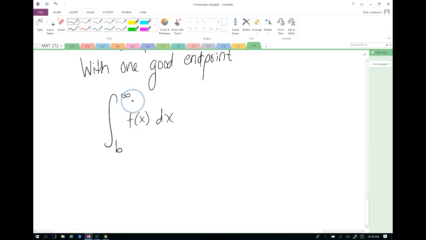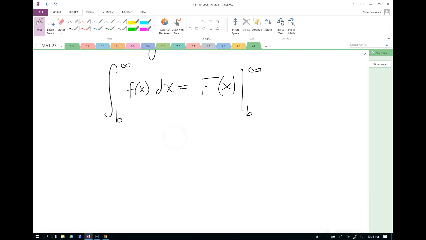We can't plug infinity into a function, but we can figure out the limit as x approaches infinity. So we would find our antiderivative, which we call capital F, and typically we would evaluate at our endpoints. Since we can't actually plug infinity in, what we ask ourselves instead is, what is the limit as x approaches infinity for this function?